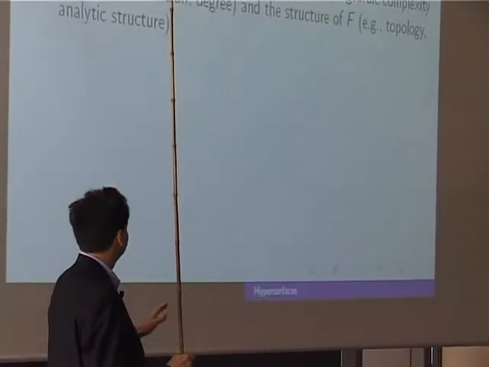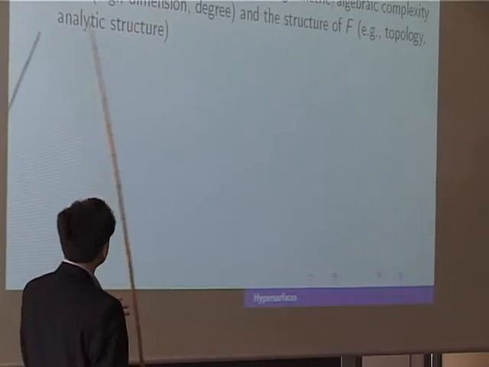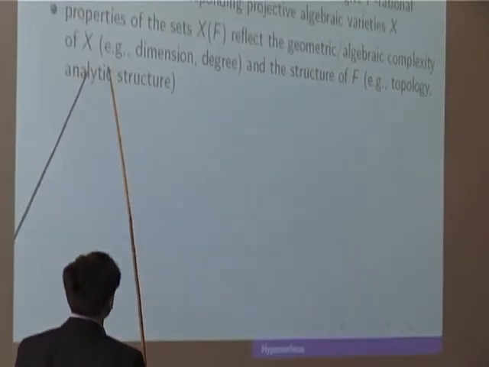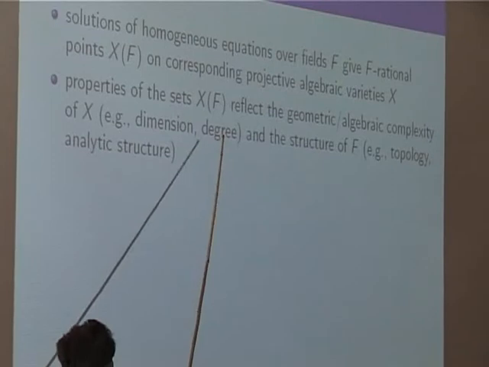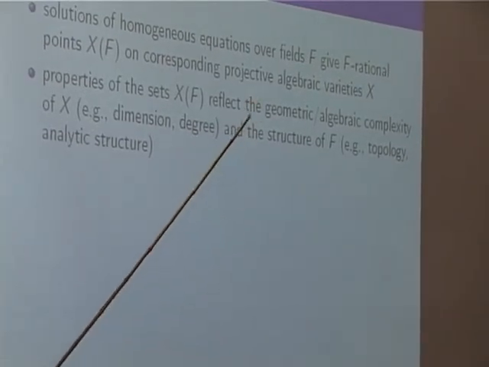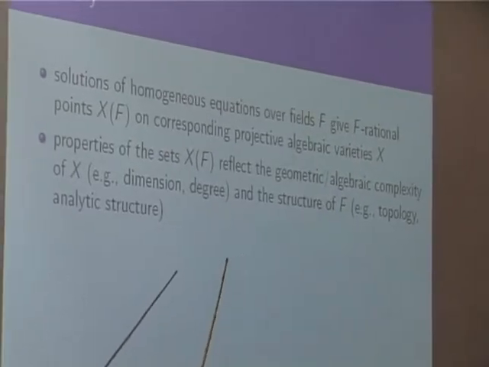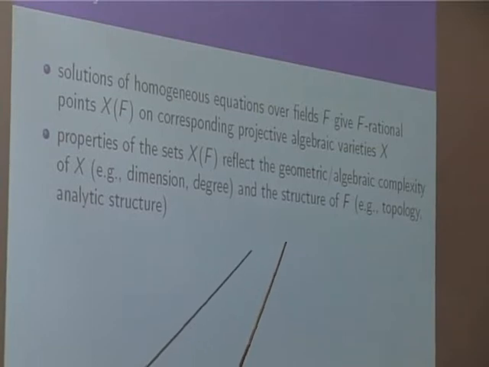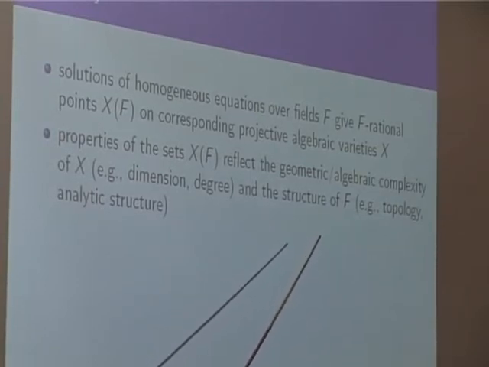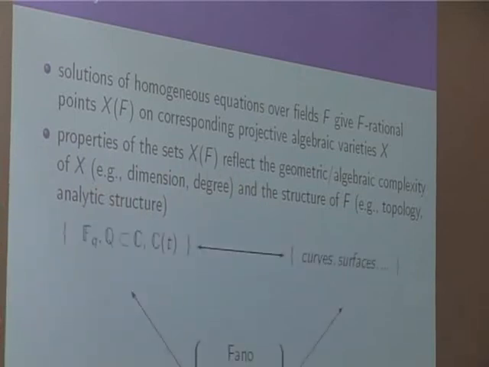And so we are studying the interplay between the geometric and algebraic complexity of X, reflected in some invariants of the equations which we think of as independent of the ground ring or field, and then the structure of the field or ring we put in, so the topology, analytic structure. So this is the picture we have.